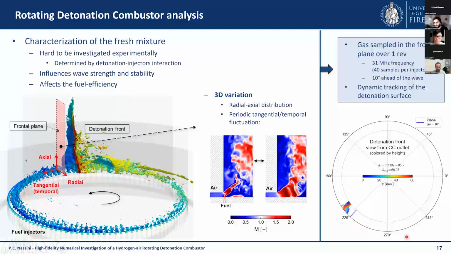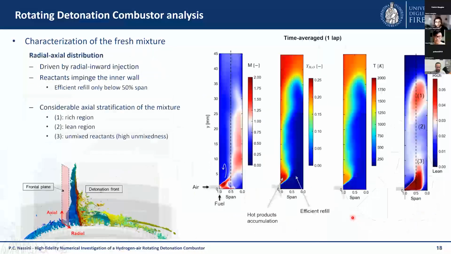If we take the average of the gas state in this line across one complete revolution of the wave inside the combustion chamber, we can get temporal statistics, and specifically in this slide, we have reported the time average quantities inside the plane, focusing on the radial and axial distribution. So we are looking at this plane here.